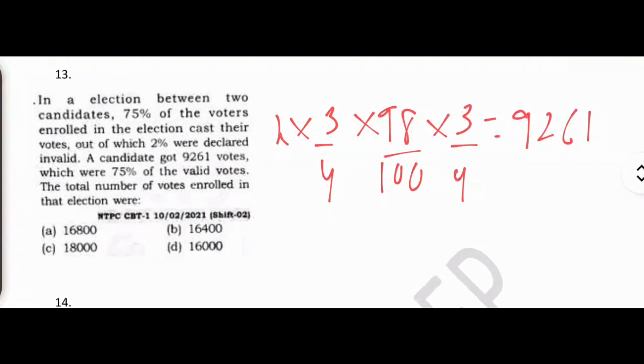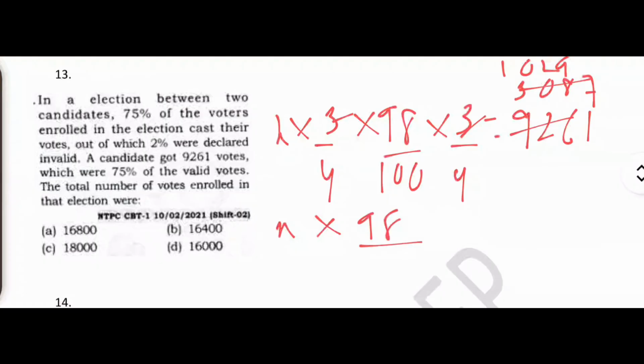A candidate got 9261 votes, which was 75% of the valid votes, means 3 by 4, and he got 9261 votes. Okay, so now we have to solve. 3 3s are 9, 3 7s are 21, 3 8s are 24, 25, 26, 3 7s are 21. Again, 3 1s are 3. So x into 98 upon 4 into 100 into 4 is 1029.